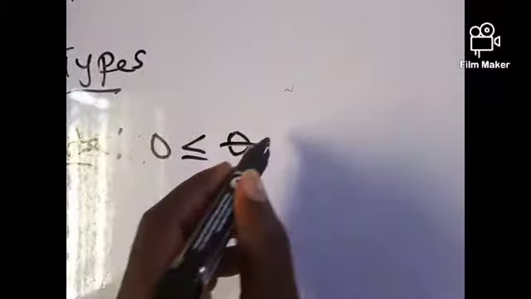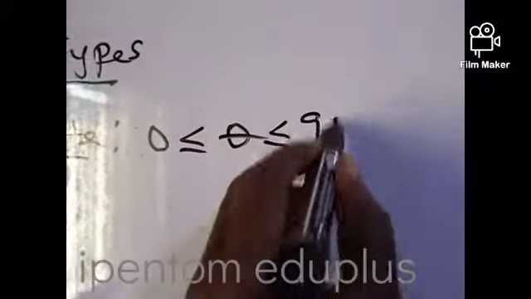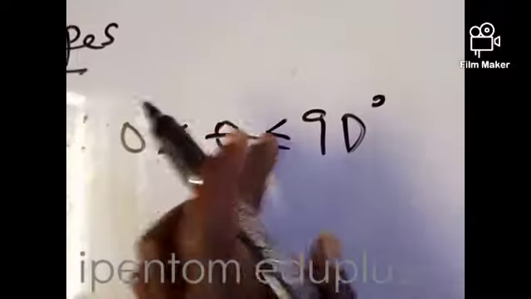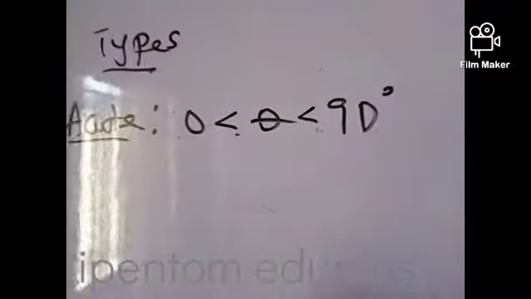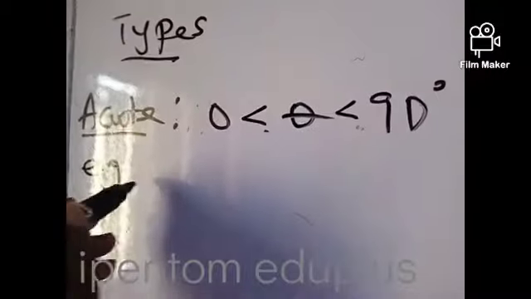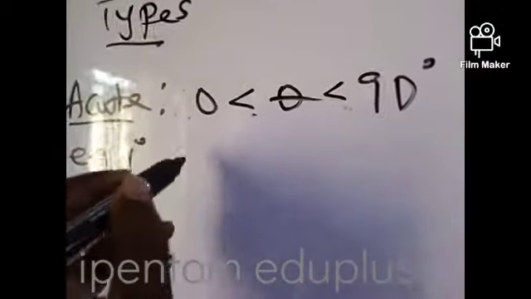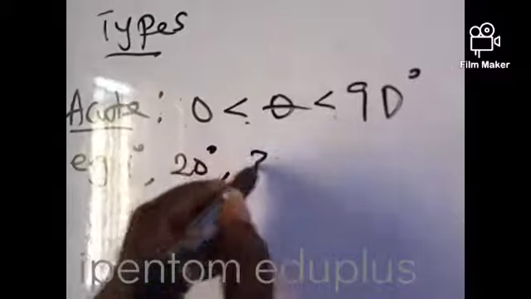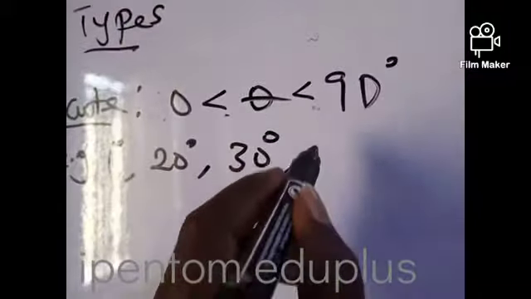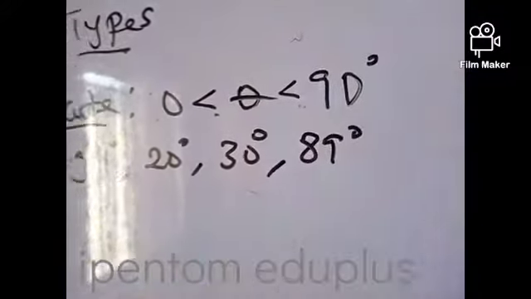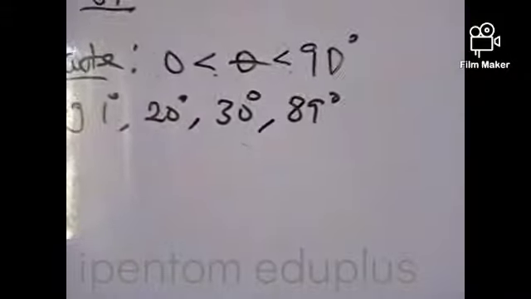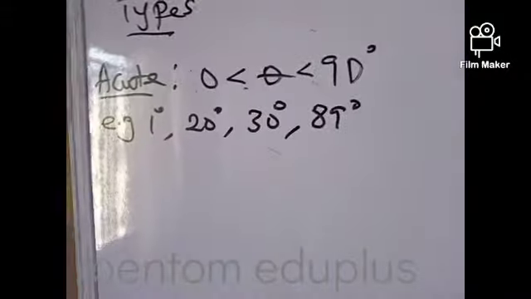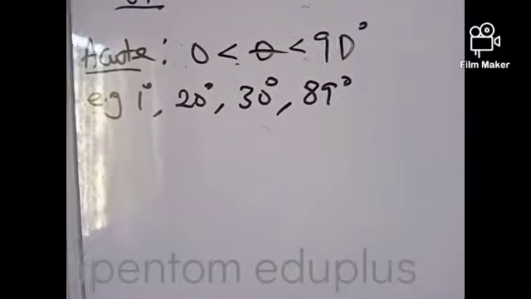That is, we have angles like 1 degree, 20 degrees, 30 degrees, 89 degrees. As long as the angles are between 0 and 90 degrees, they are called acute angles.